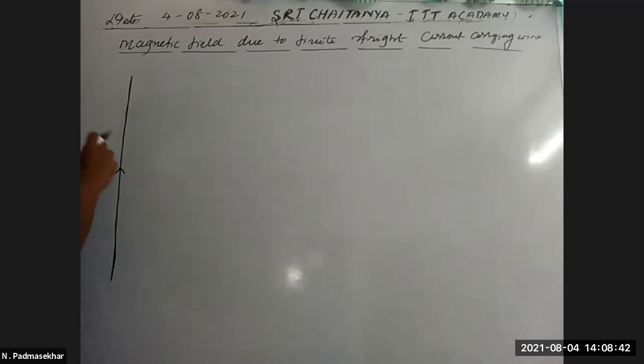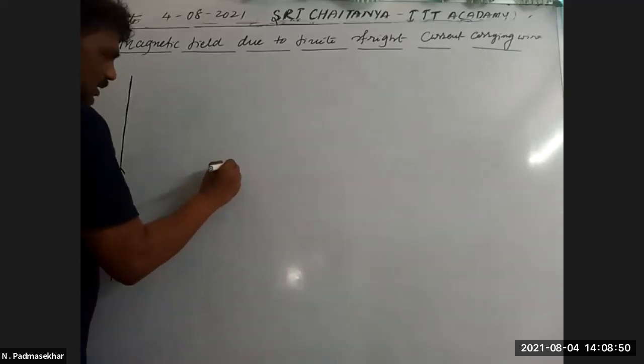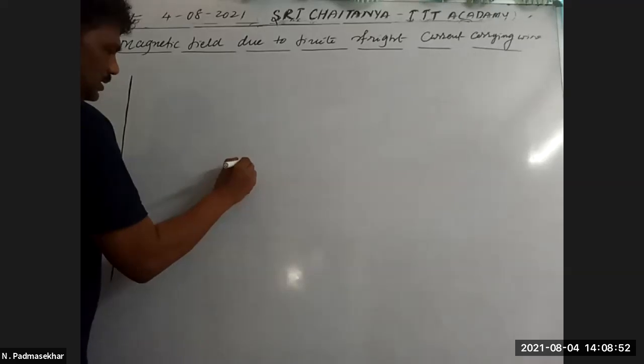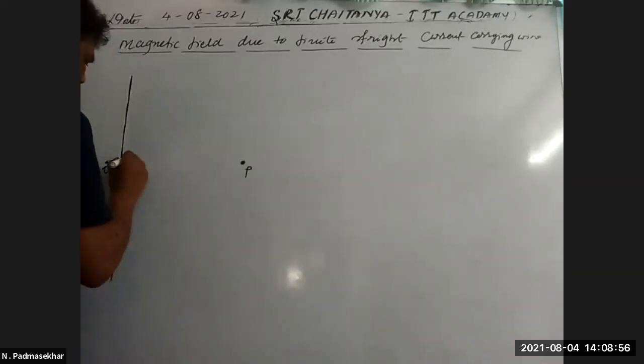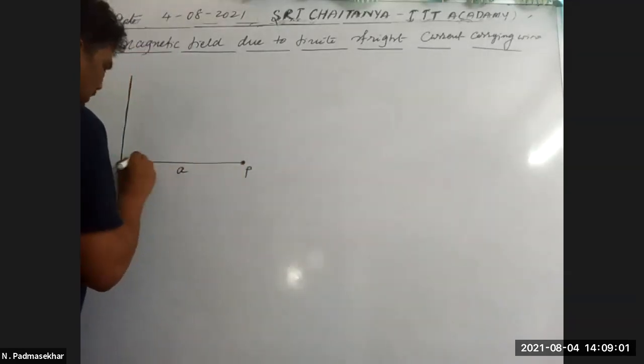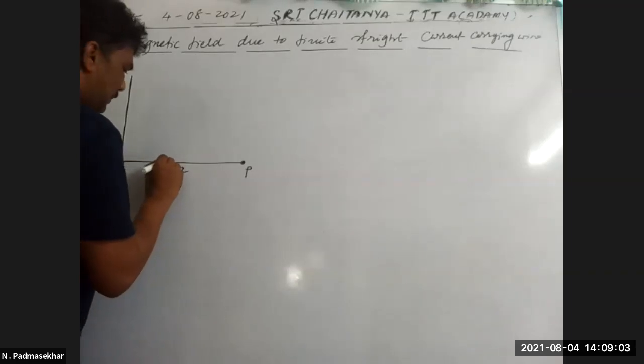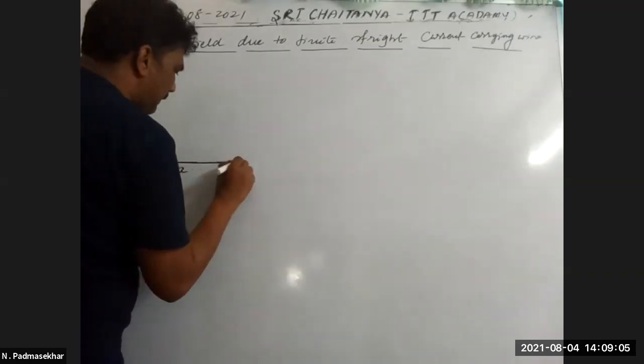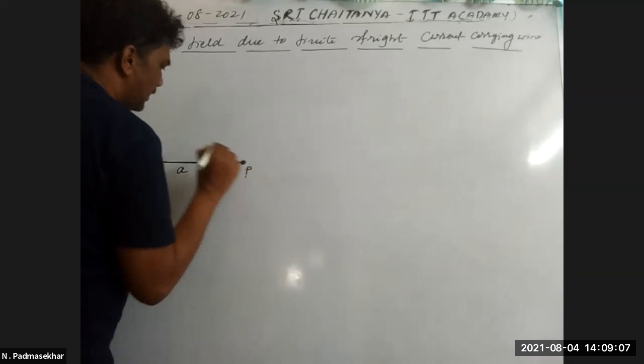I want to find the magnitude of the magnetic field produced by this current carrying conductor. This is the point I have to consider. The point B is at a perpendicular distance a from the current carrying conductor.